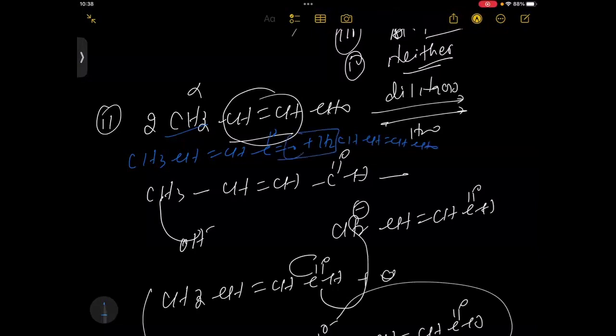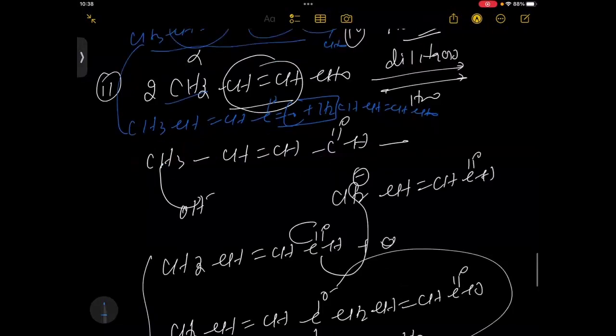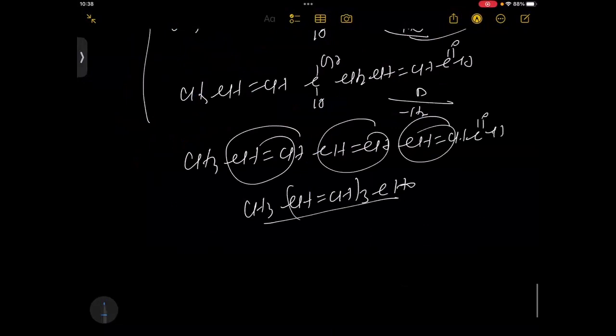CH3, CH double bond CH, CH double bond CH, CH double bond CH, and CHO. So here is 1, 2, and 3. So you can generate the product directly, but for your understanding, I solved it through the mechanism.